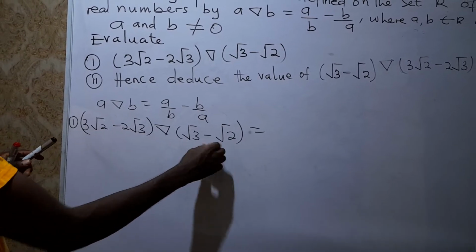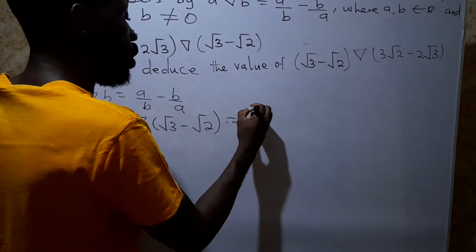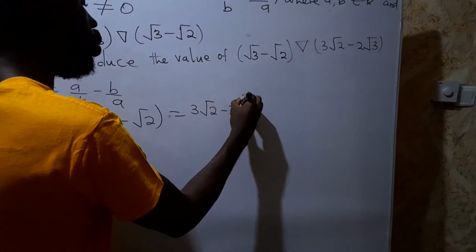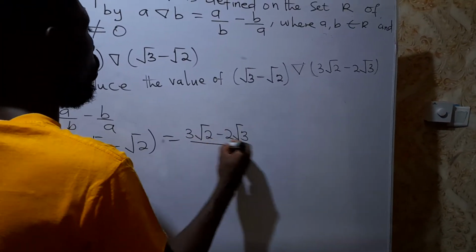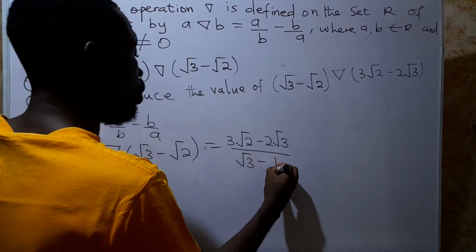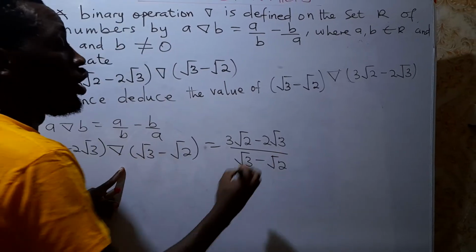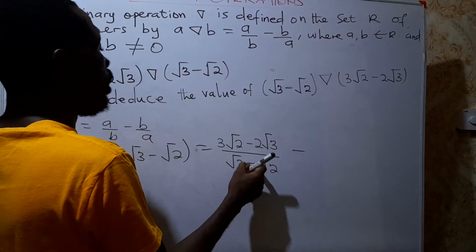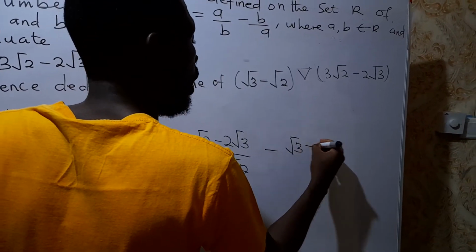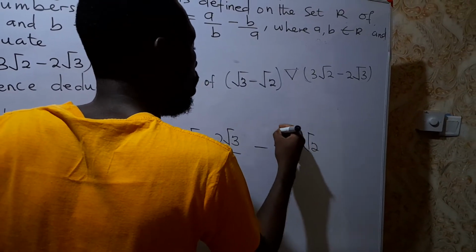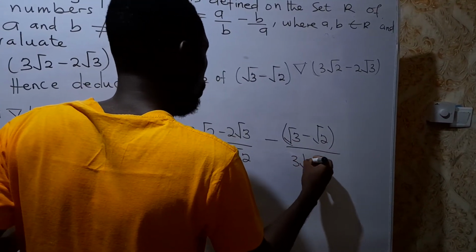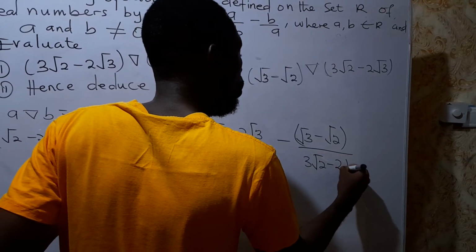Any place we see B, we substitute that. So it will be equal to 3 root 2 minus 2 root 3 for the A over B, which is root 3 minus root 2, then minus now B over A. So this is the B, root 3 minus root 2, then over the A, which is 3 root 2 minus 2 root 3.